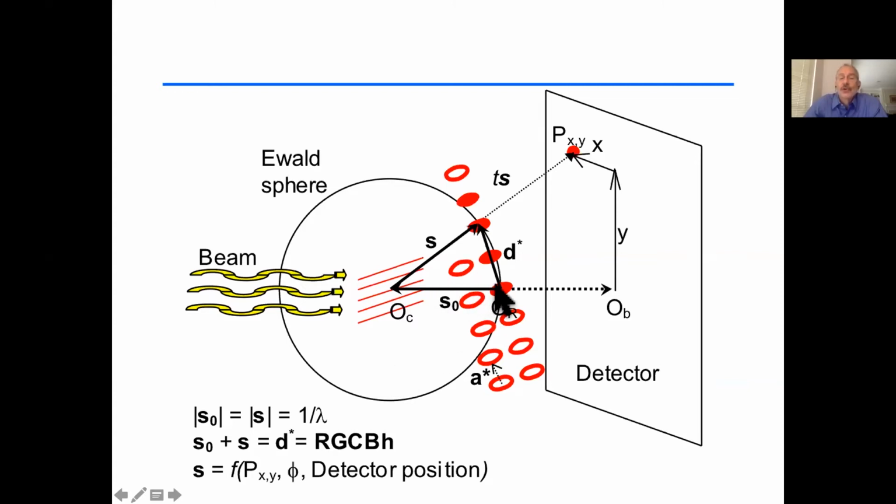And this is the origin of the reciprocal lattice. And this is a helpful way to visualize Bragg's law, that if you have an incident beam wave vector S0, and I'm drawing it going from the origin of the reciprocal lattice towards the crystal, you can get Bragg diffraction, constructive interference, if Bragg's law holds.